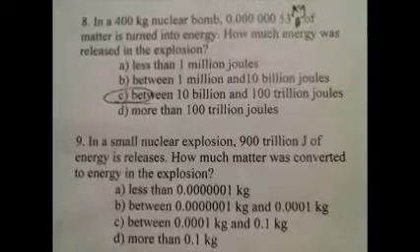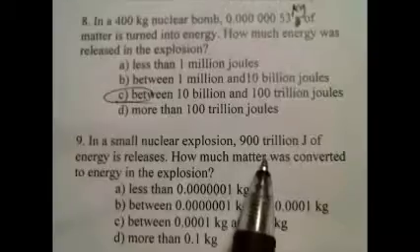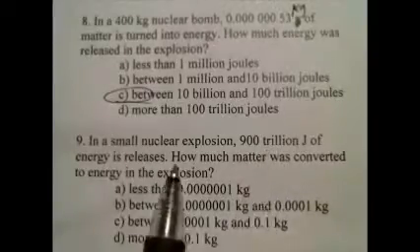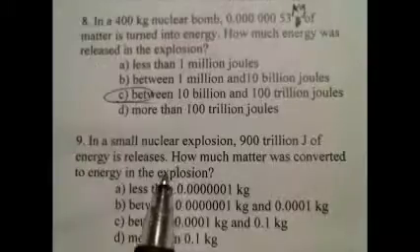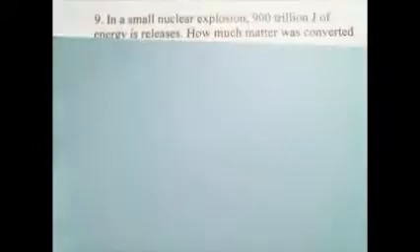Number 9. In a small nuclear explosion, 900 trillion joules of energy is released. That sounds like a lot of energy, but for a nuclear explosion, that's tiny. How much matter was converted to energy in the explosion? So, Einstein's law.